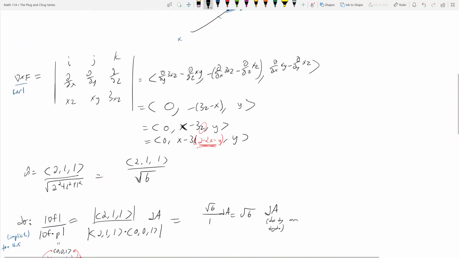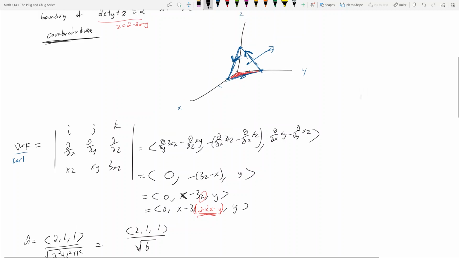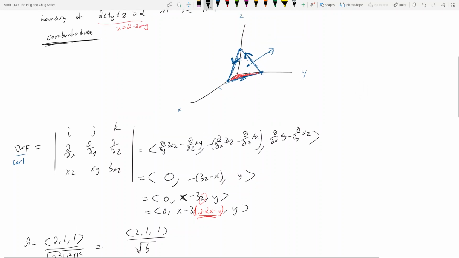The key takeaways: we found curl, we projected into the xy plane, which is that red area, and by projecting into the xy plane, z had to go away, so then we had to replace z with something. You can project into other planes, so don't let the xy plane be the only plane you want to project into. We could have projected into the zy plane, which is this yellow guy that I'm shading right now in the back, right?